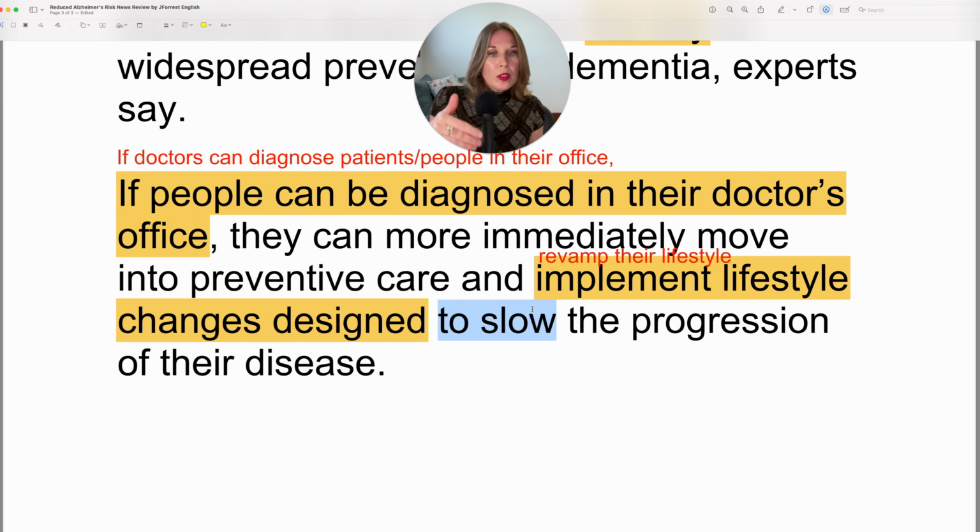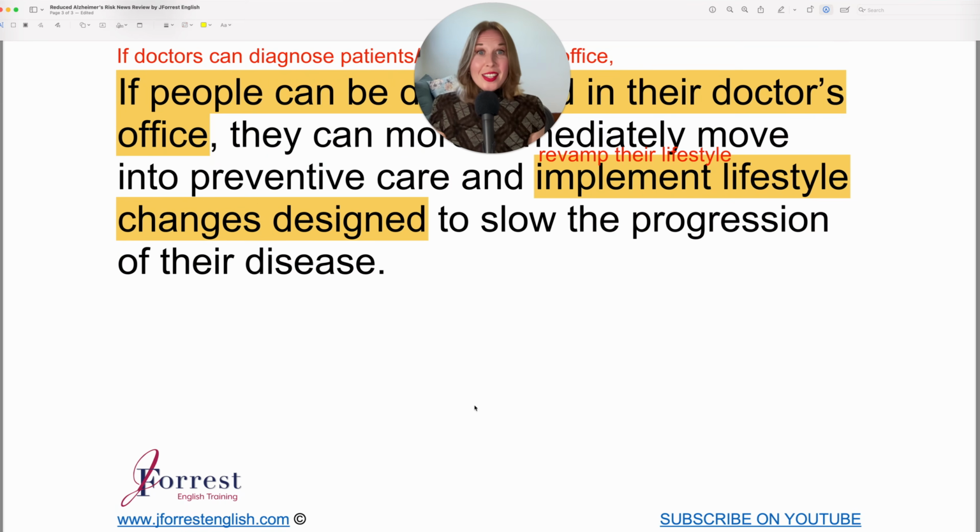And revamp their lifestyle to slow the progression of their disease. So if you can do the two things that I just did in this paragraph, then wow, you have a very advanced understanding of the words you learn and overall English grammar and sentence structure. So try it with an easy example. And that's the end of the article.